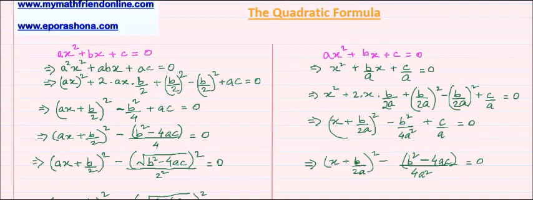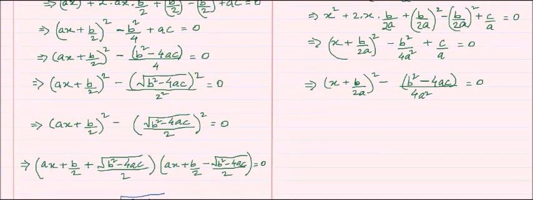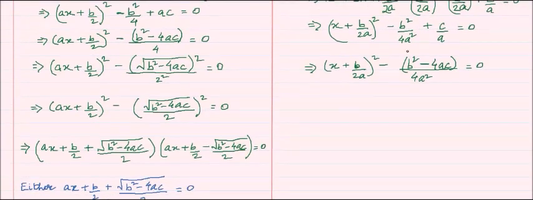Next, we want to take the help of the a square minus b square identity. So we have to make this a perfect square term, or we want to express this in the form of a perfect square. So we write this first part x plus b by 2a whole square, and 4a square is 2a whole square.